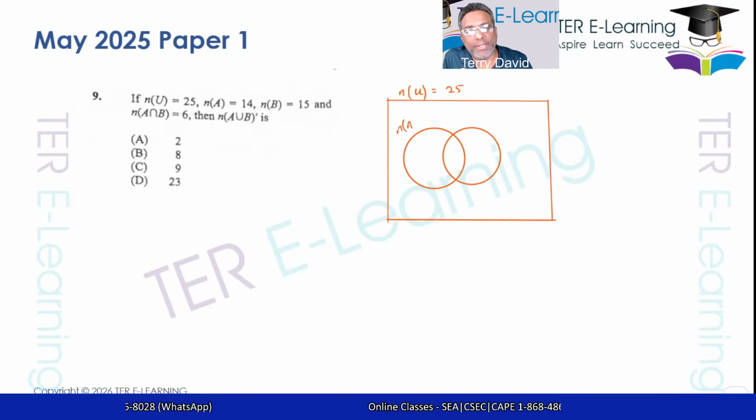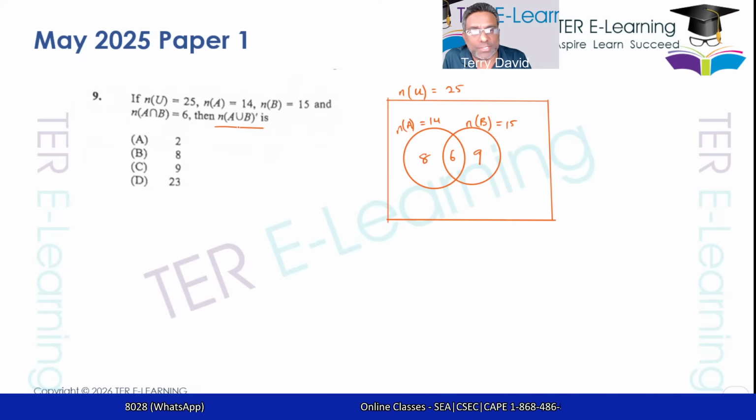N of A, that's in set A, is 14. N of B is equal to 15. A intersect B is 6, so we have 6 here. If that's 6, it means that this here is going to be 8. 8 plus 6 gives us 14, and this has to be 9.